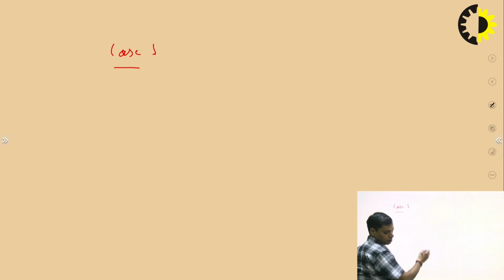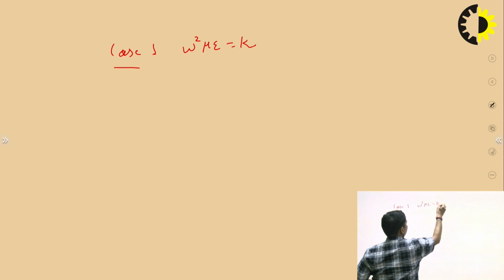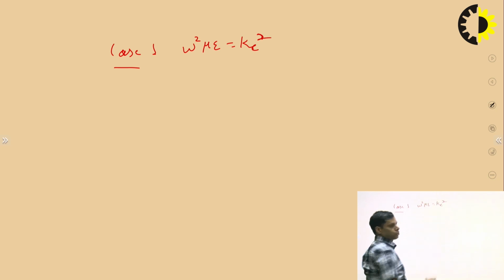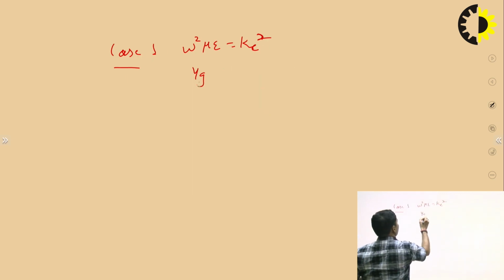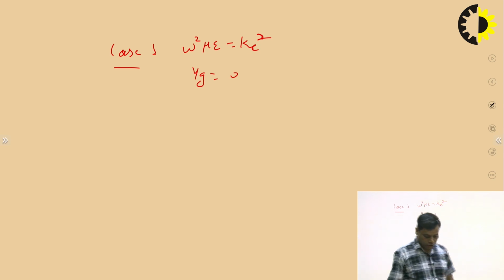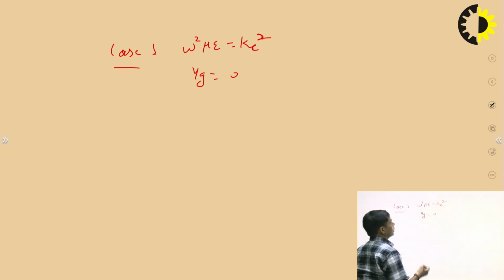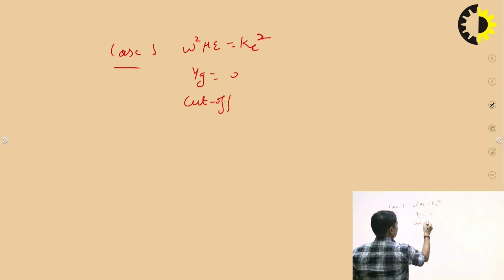So case 1. The first case we have to consider is omega squared mu epsilon equal to kc squared. If both are equal, then in this condition gamma g is equal to 0. When this type of condition arrives, it is known as the cutoff condition.